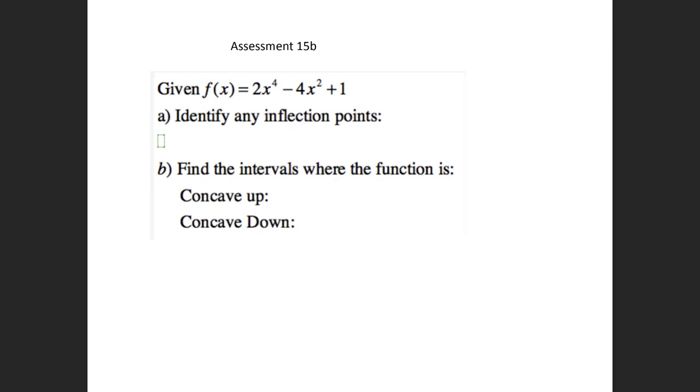So I'm going to let you have some time to work. You don't even have to do the first derivative test, but obviously you have to take the first derivative to get to the second derivative. But all I'm looking for is inflection points and where it's concave up and concave down. Okay, so I'll give you a couple minutes to work on that and see how you do. But this is one of the problems off your assessment this week.